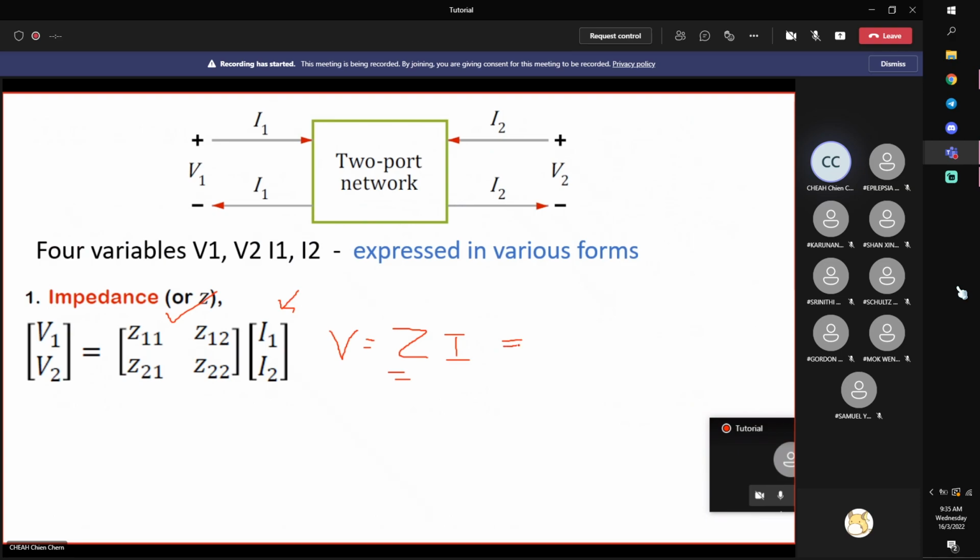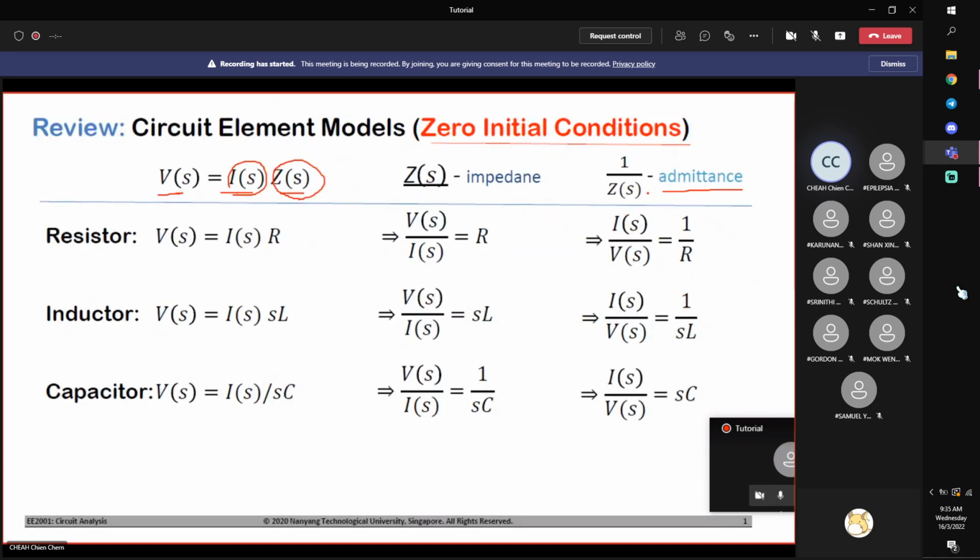But sometimes we may also want to do the reverse, meaning that given V, we want to calculate I. In this case, you use the admittance form, because if you invert this relationship, I is basically equal to V divided by Z. If you call 1 over Z as Y, then basically I is equal to Y times V. So given V multiplied by Y, which is 1 over Z, then you can get I.